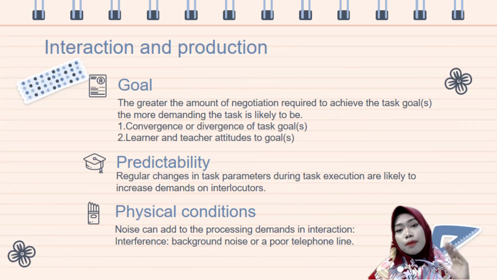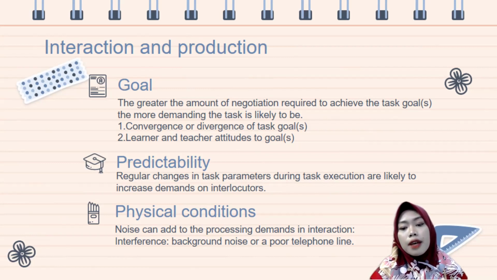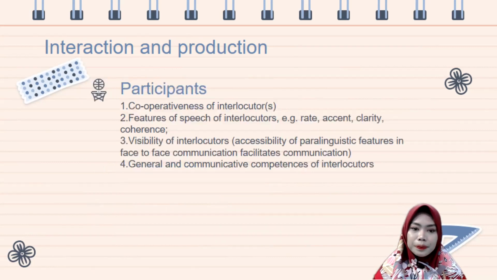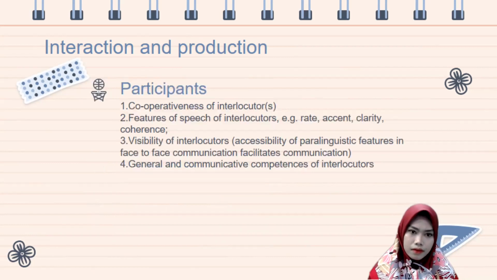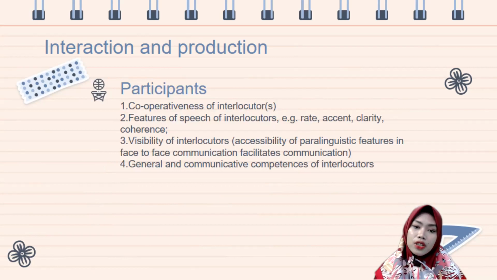Noise can add to the processing demands in interaction. Interference is background noise or a poor telephone line. It's also part of interaction and production. It is participant.